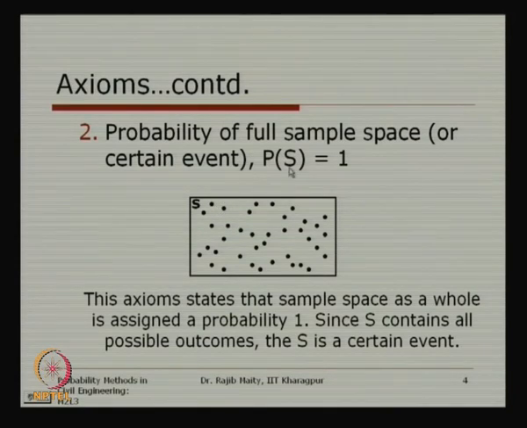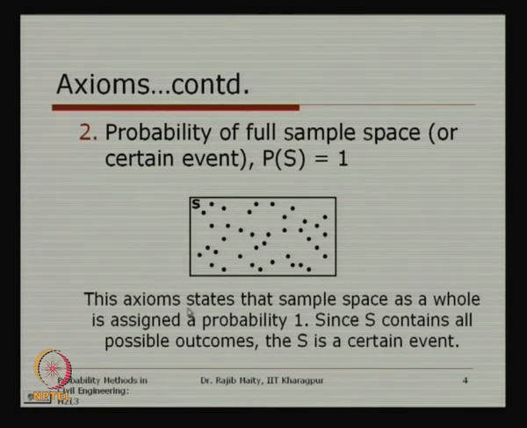So, if the event consists of all the sample space, that means any one of these outcomes is a certain event. That is why the total probability, which is the probability of the full sample space, equals 1.